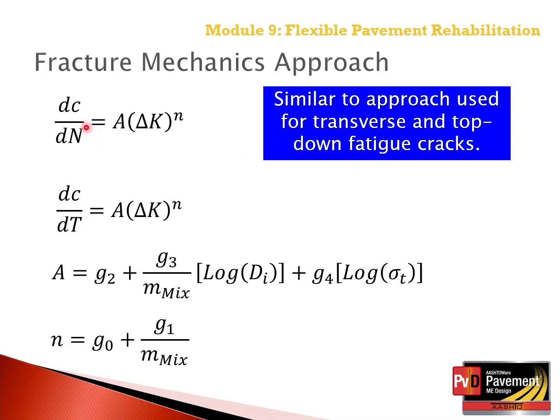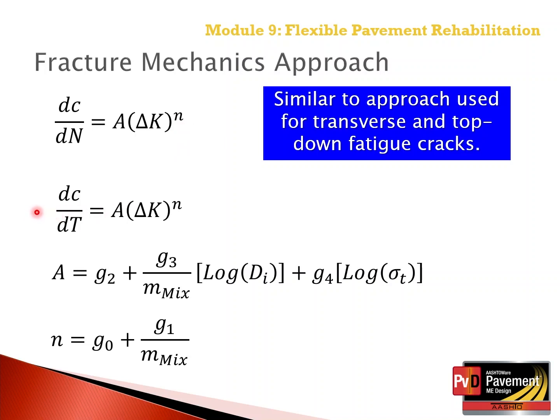So it's composed of two parts: the incremental change in crack depth as a function of increases in the number of load applications as related to the incremental change in the stress intensity factor. Remember, A and N are the fracture parameters from the fracture mechanics or the Paris law.